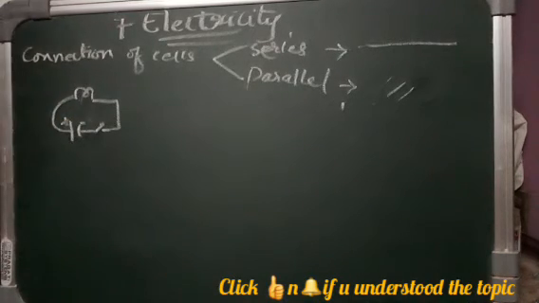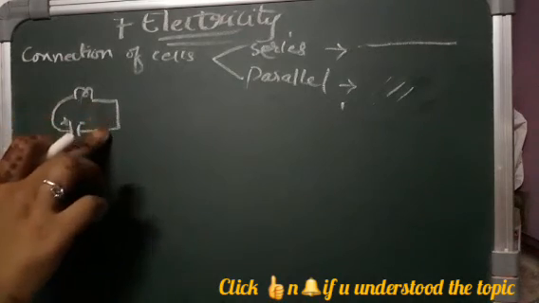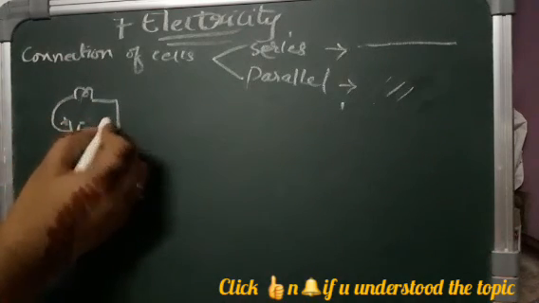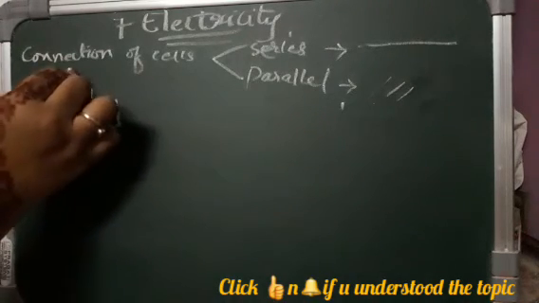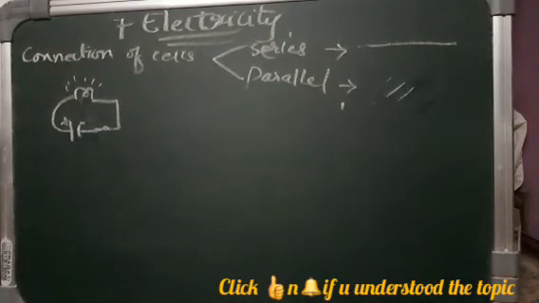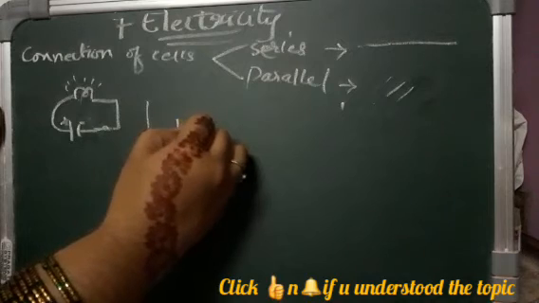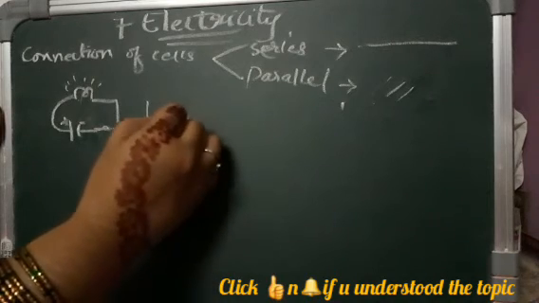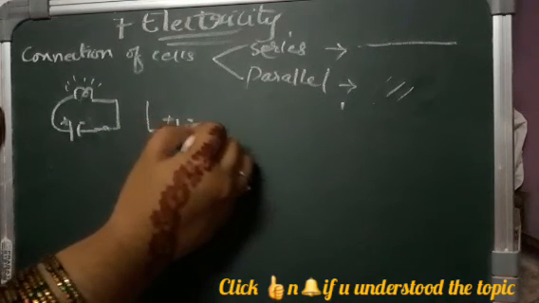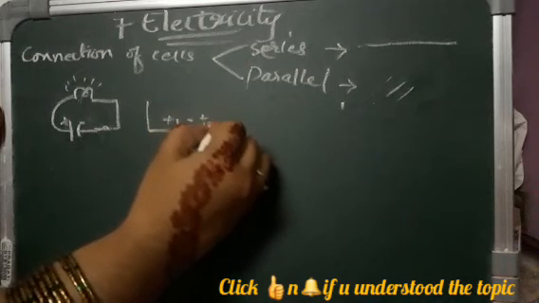Now you can see that when you allow the current to pass through it, the bulb is glowing. Then you take one more battery, and to this negative end attach the positive end.